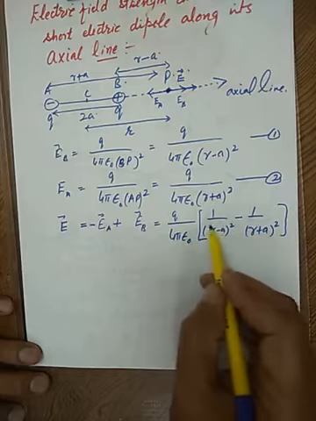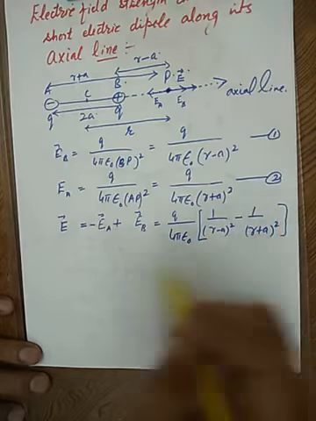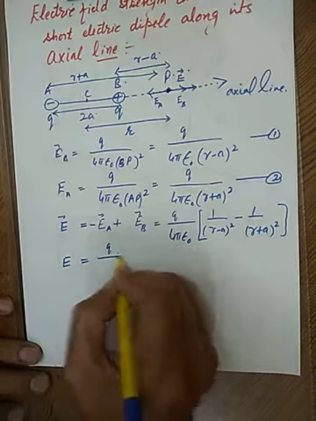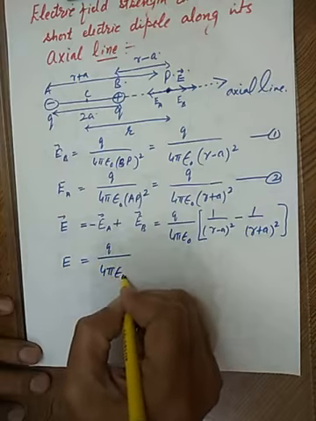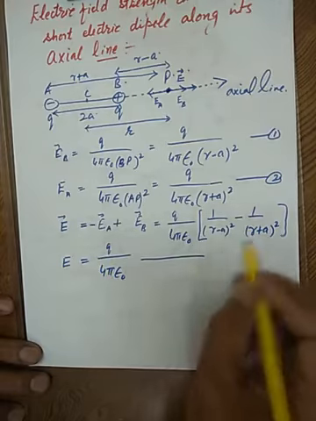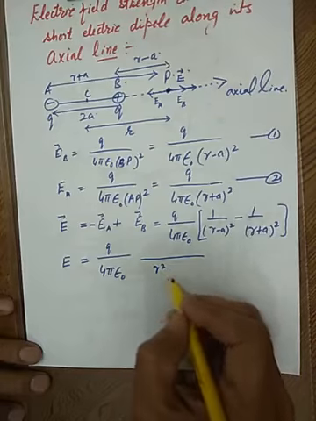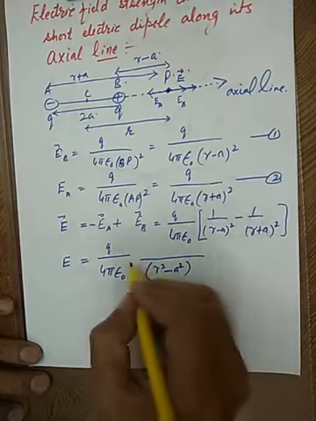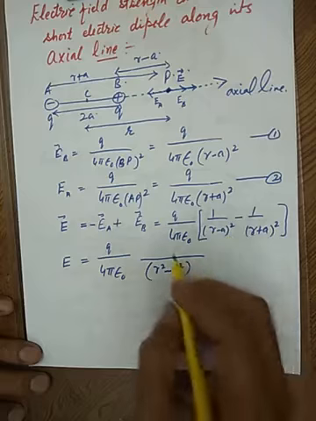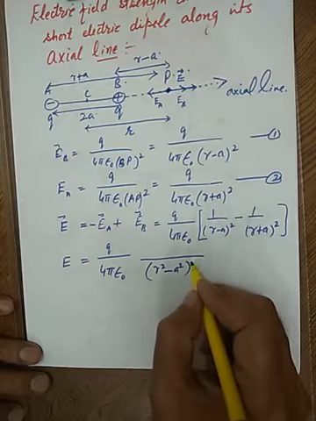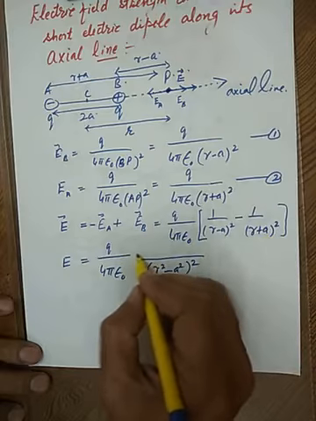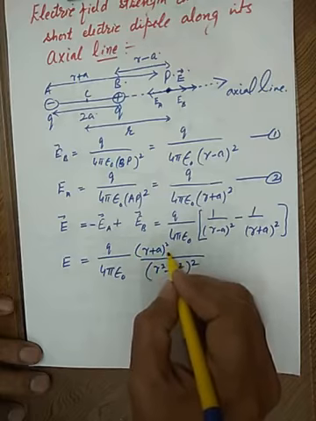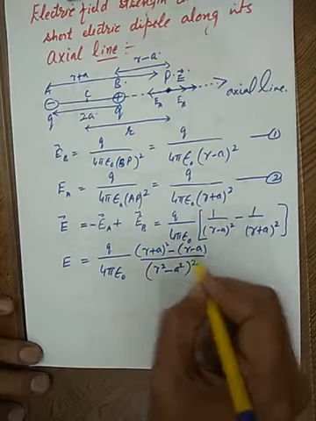Now we can solve the bracket by taking the LCM, which is (r squared minus a squared) whole squared, using the algebraic formula (a plus b)(a minus b), and the numerator is (r plus a) whole squared minus (r minus a) whole squared.